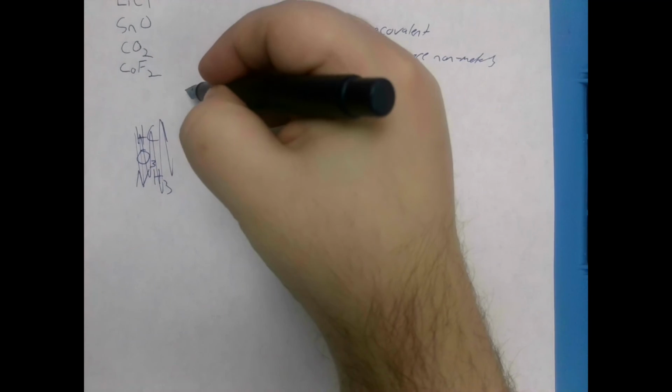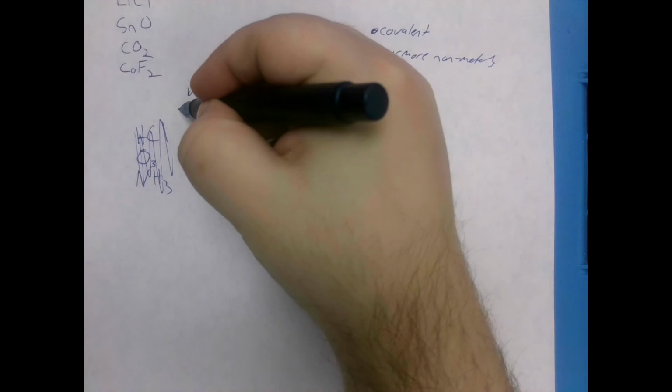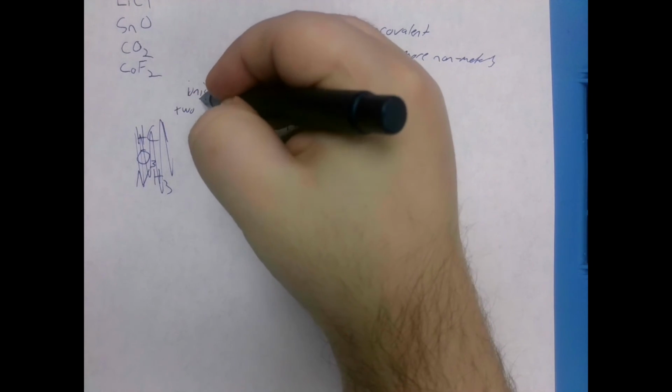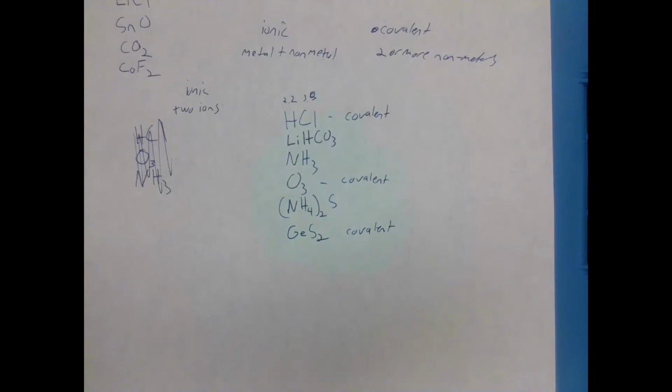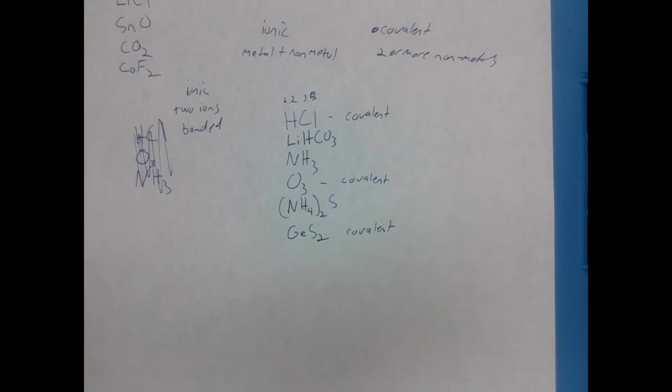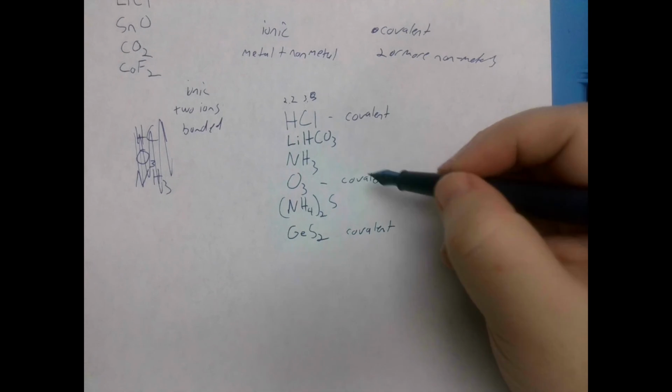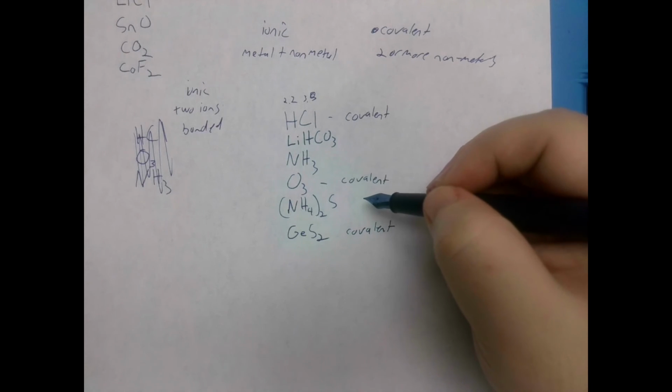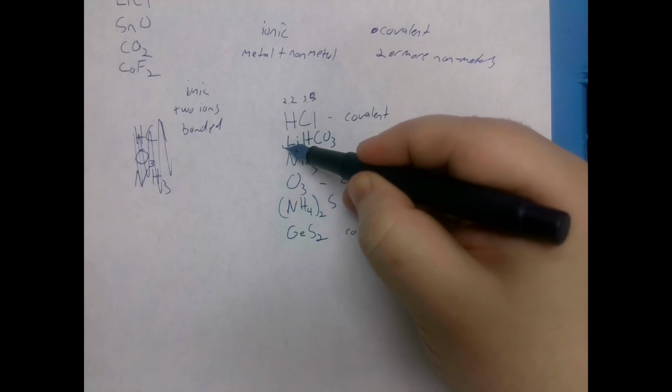So another thing about ionic is when 2 ions bind together. If you have 2 ions bonded together, it's ionic. What is the name of this formula? What is lithium?